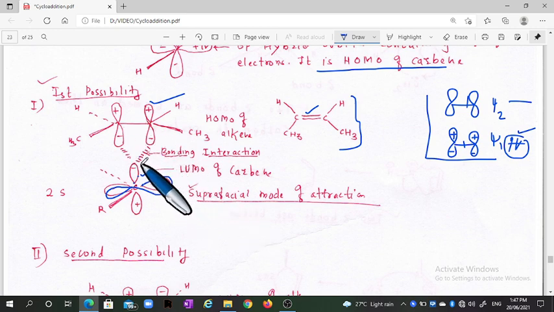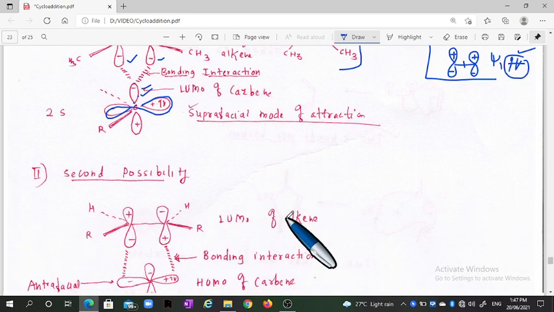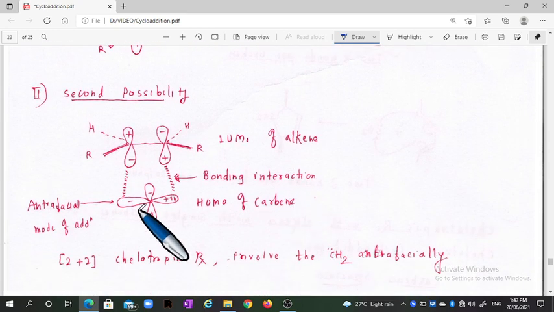For this system, the same lobe is attached to the same lobe, therefore it is a suprafacial mode of attraction, a bonding interaction. This is the same phase, the bottom orbital and the top orbital, same phase attached, that is the suprafacial mode of attraction.